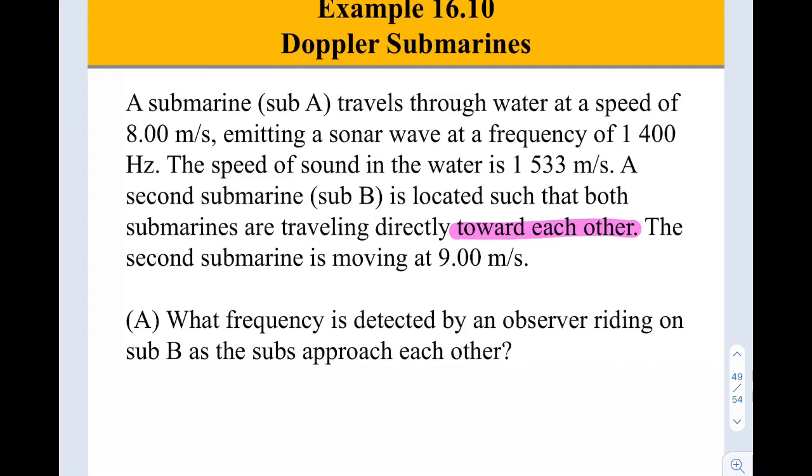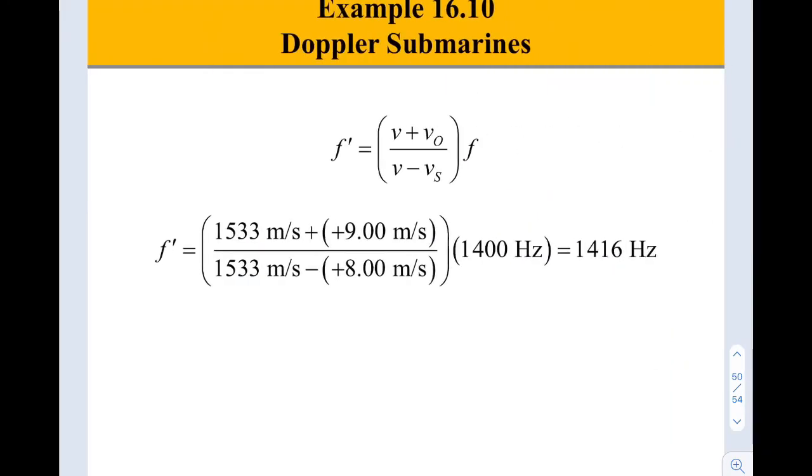So the question: what frequency is detected by an observer riding on sub B as the subs approach each other? So received by sub B. This means sub B is going to be the observer and submarine A is going to be the source. So by making use of the Doppler effect equation, let's begin with the general one.